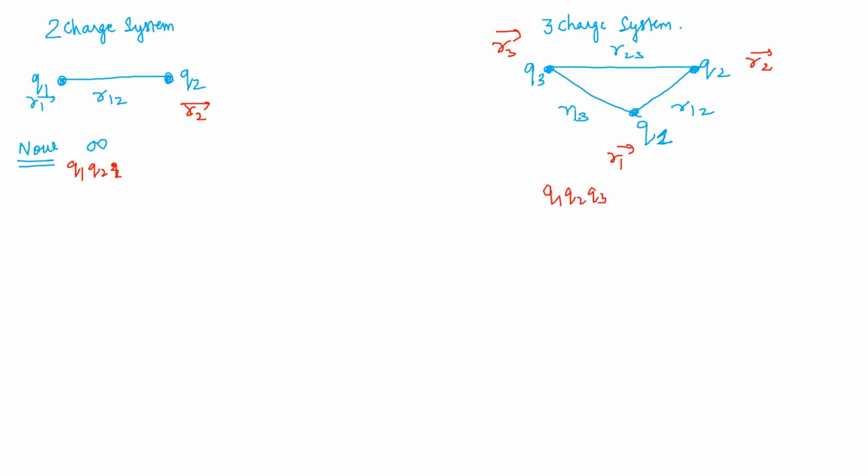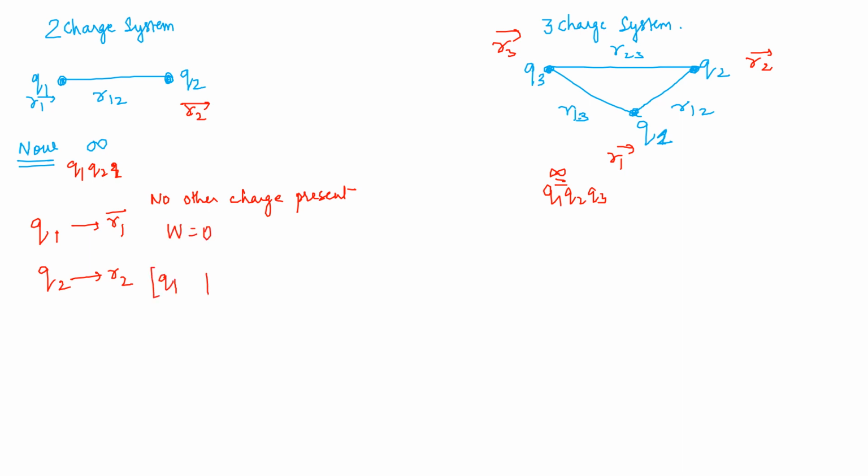In the first case only two charges, and in the second case we got three charges. So Q1 was brought to R1 and Q2 was brought to R2. Here no other charge was present. Hence work done equals 0.